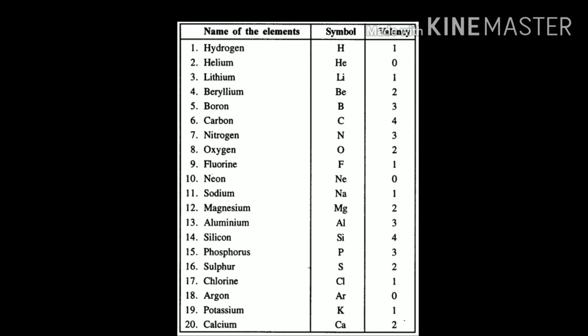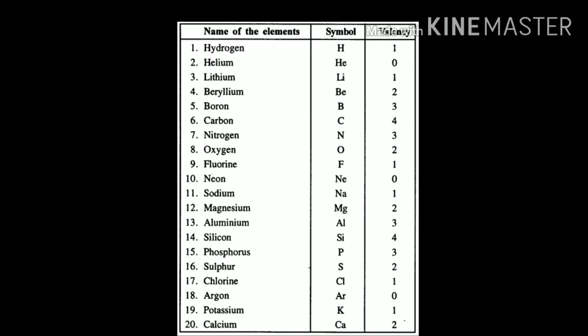And the second rule is, if the first letter of more than one element is the same, the elements are denoted by two letters. For example, the first letter of carbon is C, cobalt is C, copper is C, cadmium is C. That means the first letter is in capital, and the second one you write in small letter.